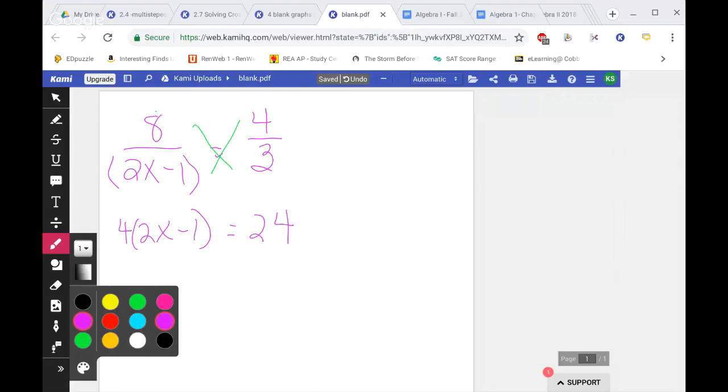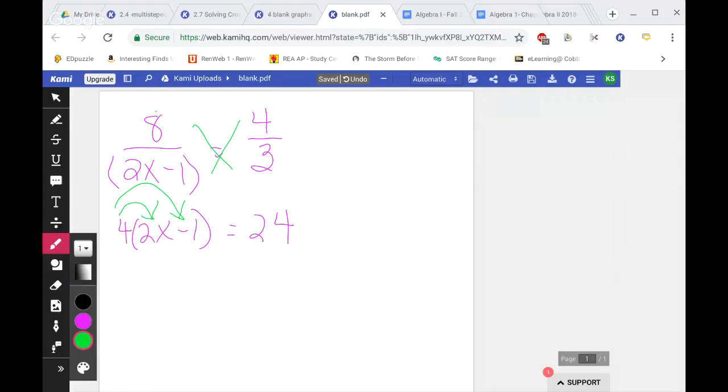So I multiplied the 8 times 3, and I multiplied the 4 times the 2x minus 1. But that 2x minus 1 has to go in parentheses. And then this 4 needs to be distributed to both things inside the parentheses. And so that's going to be 4 times 2x, which gives me 8x. And then 4 times a negative 1 is a negative 4 equals 24.